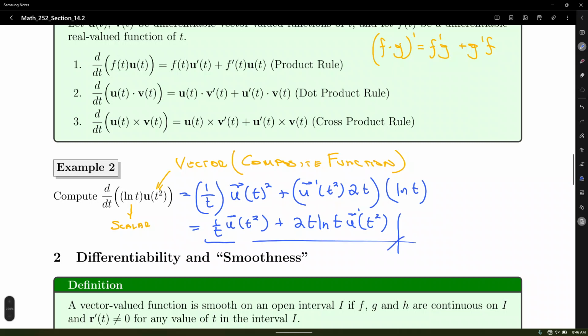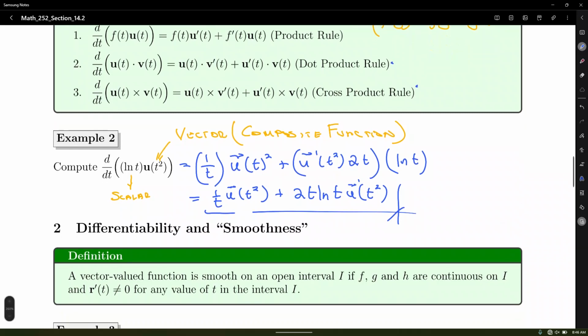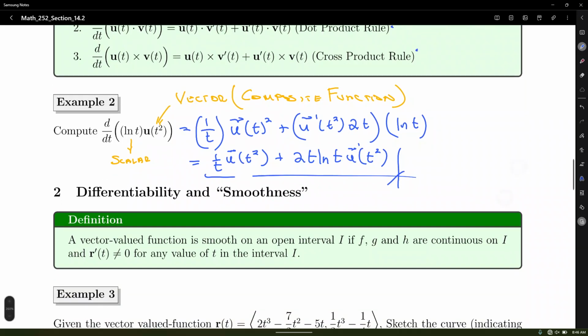But again, when it comes to finding unit normal vectors and unit tangent vectors, we're going to perform the other rules right here. This is just to give you the heads up of what's coming up in the next few sections. Okay.